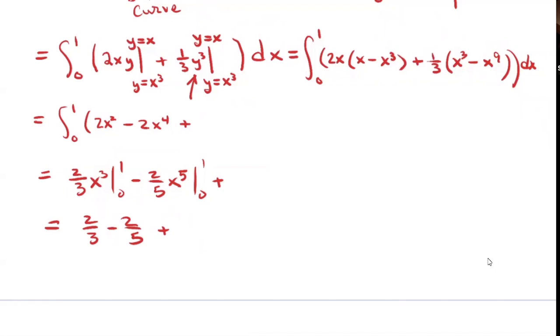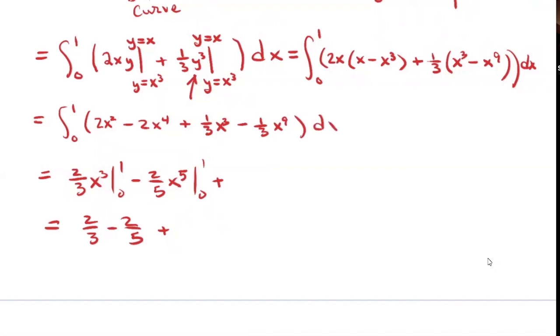Okay, so now I have to go through and do my cleanup work. The first part's right, and then I'm going to have a 1, that's a 4, so 1/12. So I get the 1/3 x to the third minus 1/3 x to the ninth.